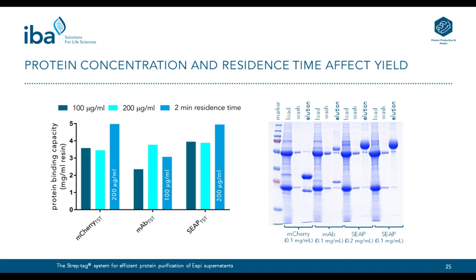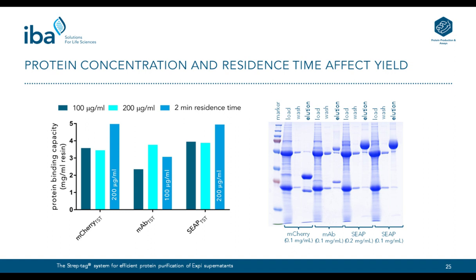You can see that for the mCherry and the secreted alkaline phosphatase, the concentration of the protein has no influence on the recovery, but the monoclonal antibody binding capacity was again reduced if the concentration was lowered, obviously due to the same effects that I've already explained in the Expi293 system.